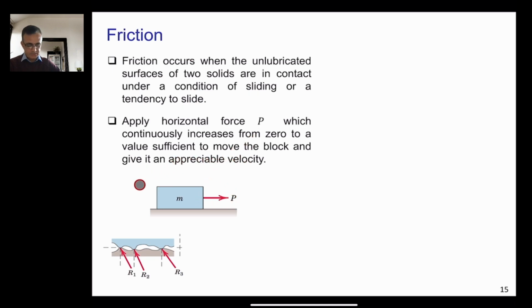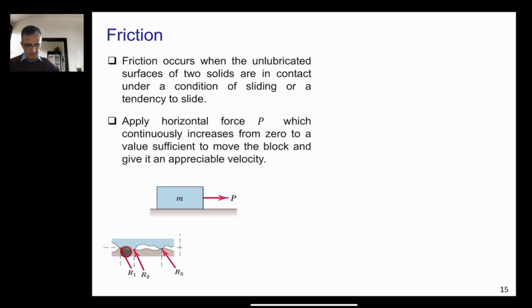If you consider this case here, you apply force on this block, and there are two surfaces. One surface is the block surface, one is this surface here. If you look under the microscope, these two surfaces will look like this.